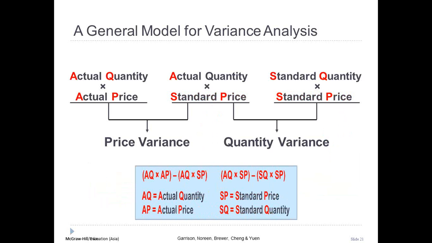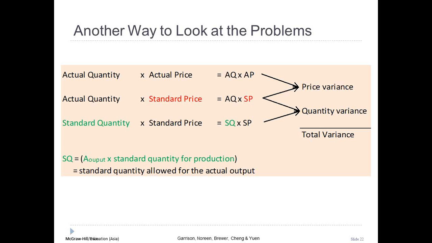The trick of this approach is to ensure that the dollar-related figures are always on the far right, whereas quantity-related figures are on the far left. So on the first row, it starts with the actual quantity and actual price per unit, giving rise to the actual spending. So in this system, we move one figure at a time from the right.